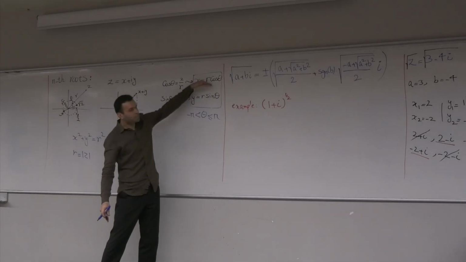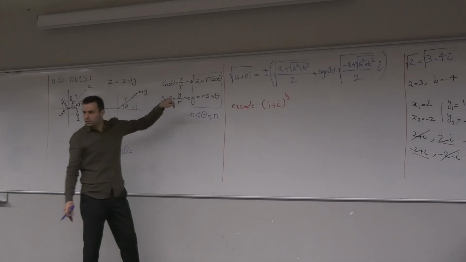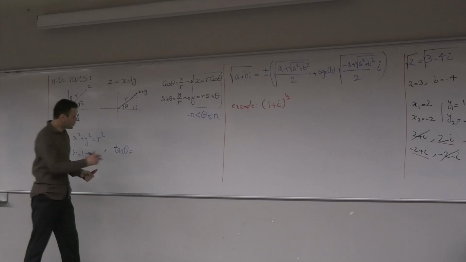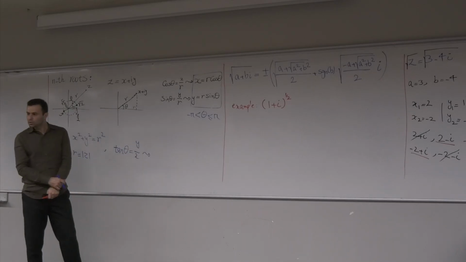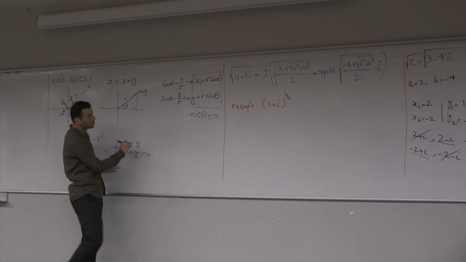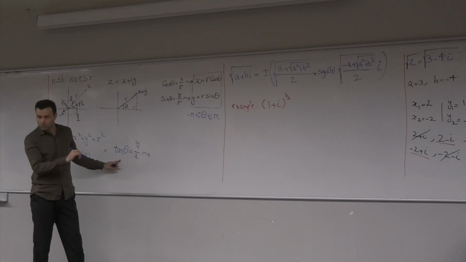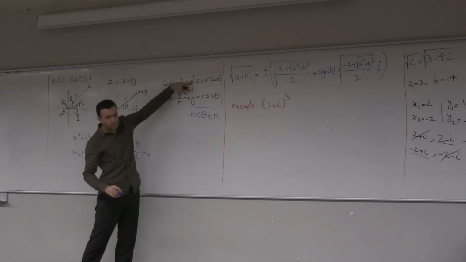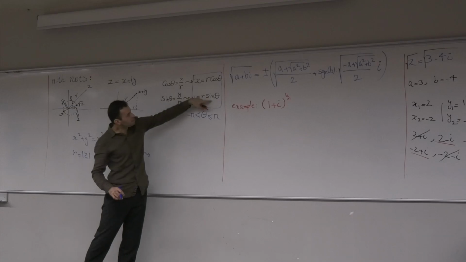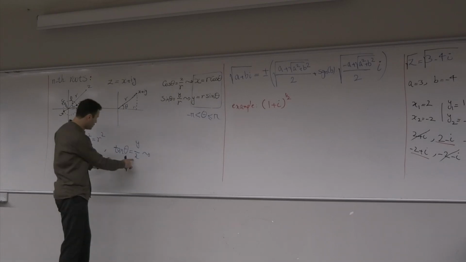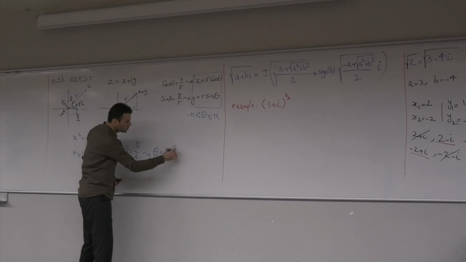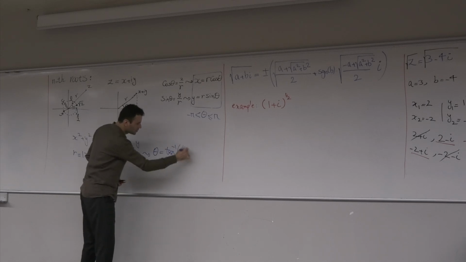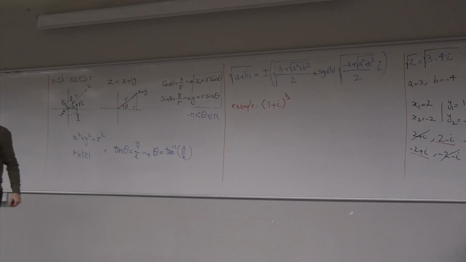This one divided by this one, right? The r's are going to cancel each other, and r is a non-zero number. So we are just going to have y divided by x. Sine divided by cosine is tangent. From here, we can say that our theta is going to be tangent inverse of y divided by x. Okay?